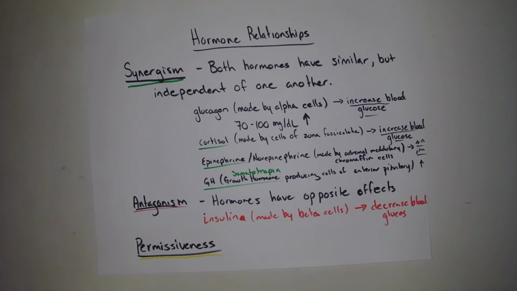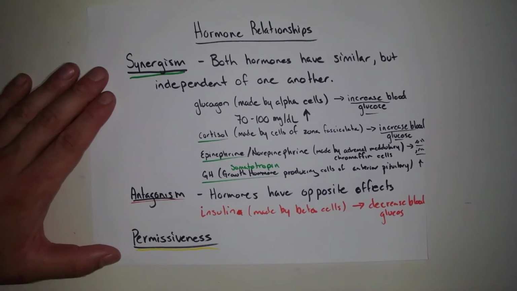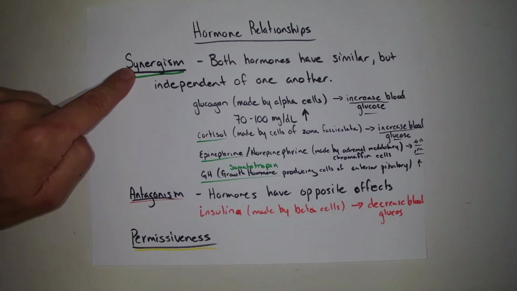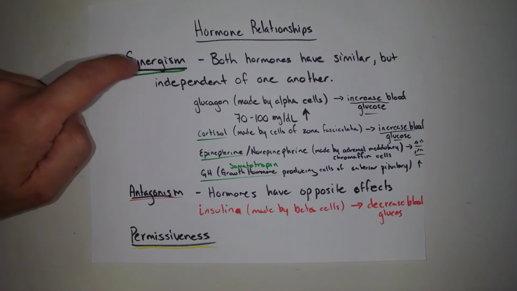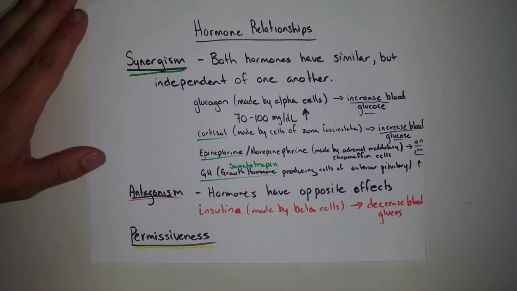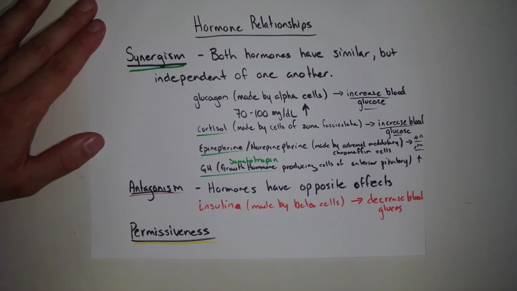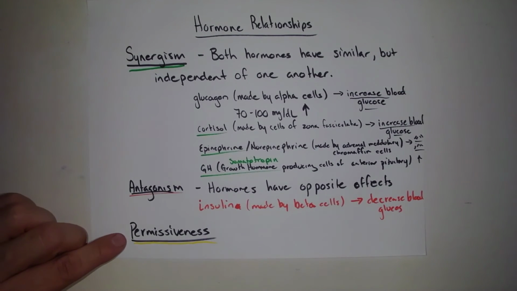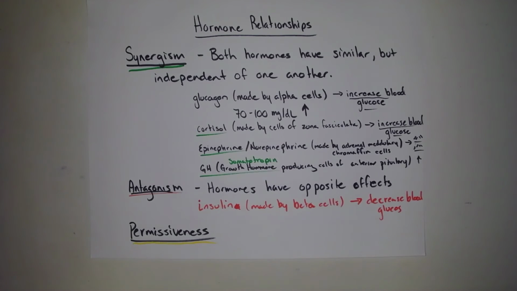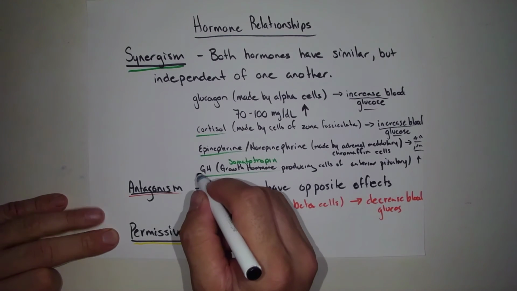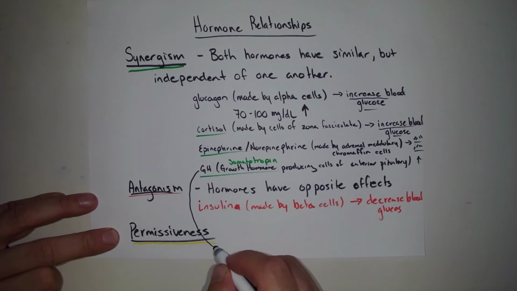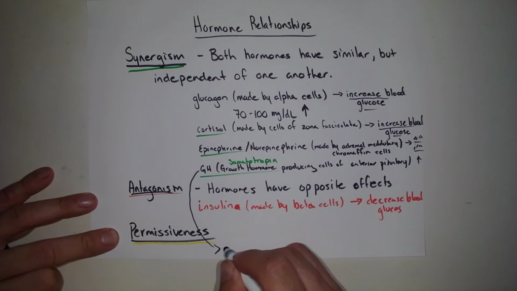Without that hormone, it's not going to work at all. This is different than synergism. Synergism is independent of one another to some degree. Permissiveness requires the other. So a nice example of this one is growth hormone's relationship with the thyroid hormones.